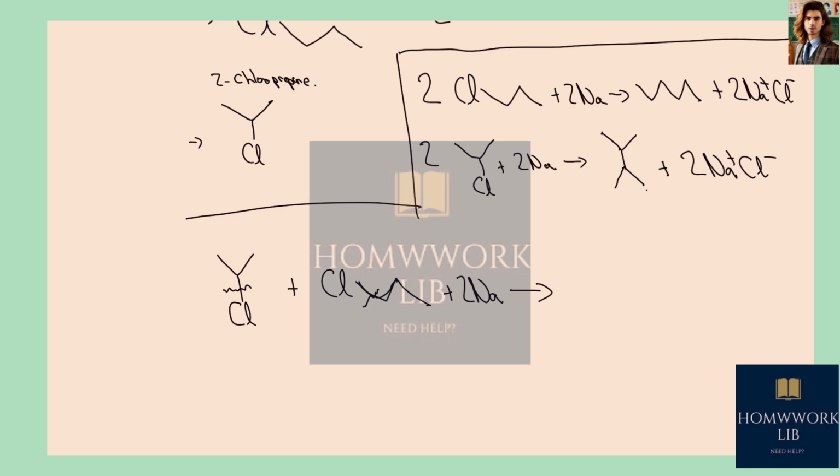Okay? So the product that is going to be generated is 1, 2, 3, and then 1, 2, 3. So this is the alkane that is being generated.